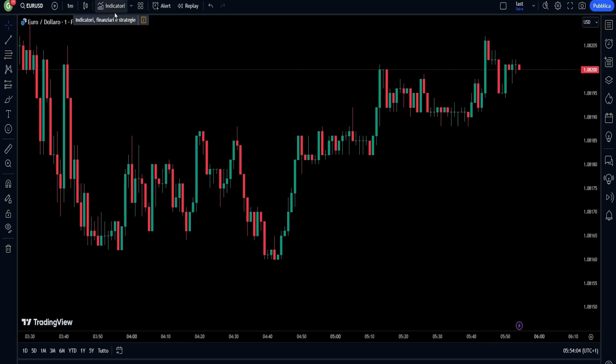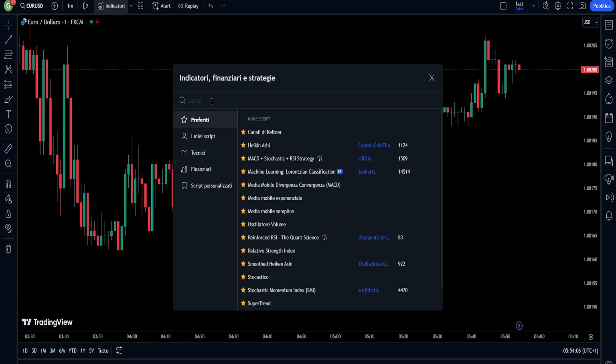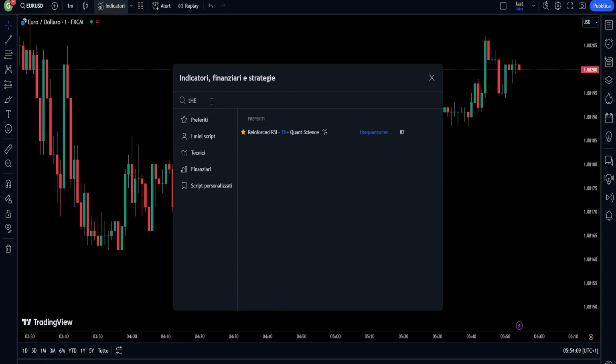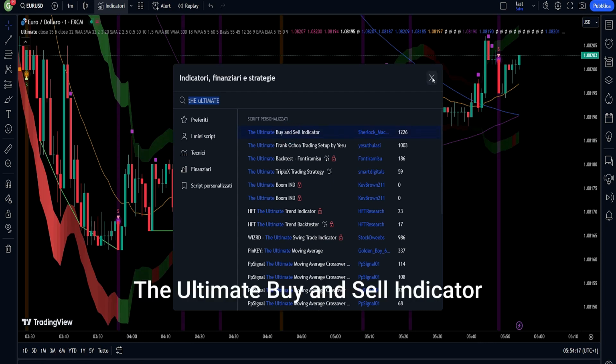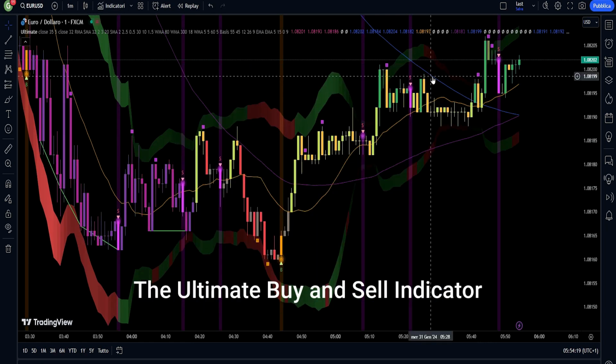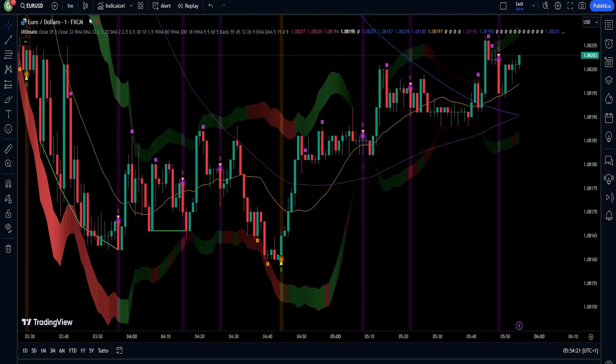We install the two indicators provided by the strategy with the recommended parameters and customized colors and windows of your choice. Here are the adjustments. The first indicator is called the Ultimate Buy and Sell Indicator. The parameters remain the default ones.